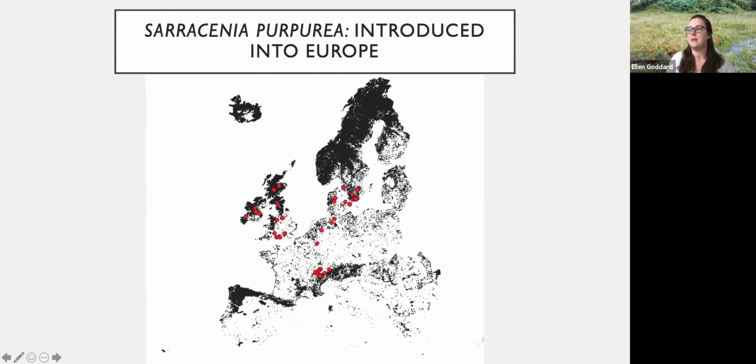And as you can see, the introductions seem to be in little clusters, and this is, I think, largely related to the fact that each of these introductions is linked to a human physically putting that plant there. So as I said earlier, the dispersal is really terrible because the habitat is so fragmented that it can't naturally move. So you kind of see these clusters of where people have actually brought them in.